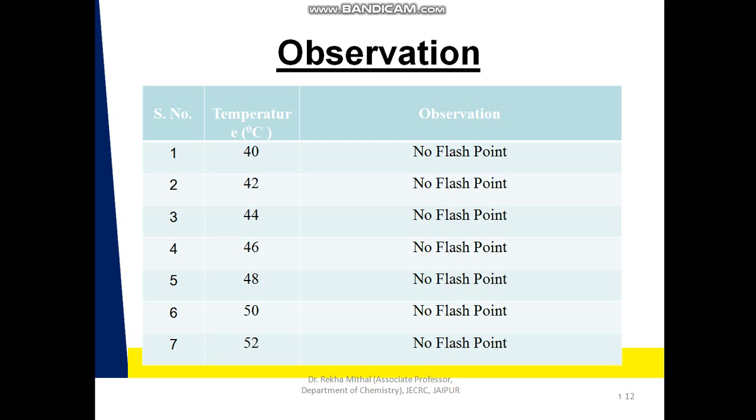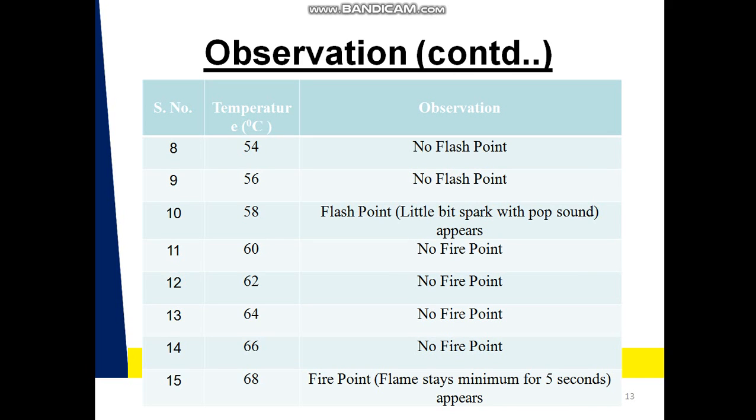In this way we continuously take the reading after every 2 degrees. Then at 58 degrees centigrade we observe the flash point: a little bit of spark with a pop sound appears. After the flash point, we again bring the flame near the burner. At 60 degrees, no fire point.